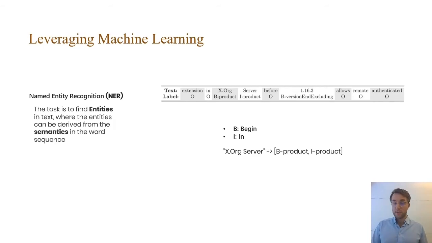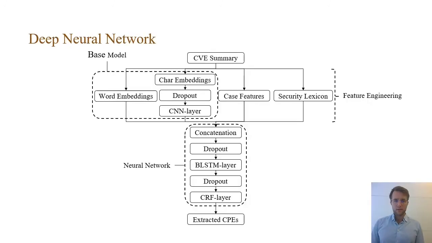We also have B and I annotation, where B stands for begin and I stands for in. This enables us to produce multi-word predictions where one product, vendor or version can consist of multiple words in the sequence. To perform this classification, we are using a deep neural network.